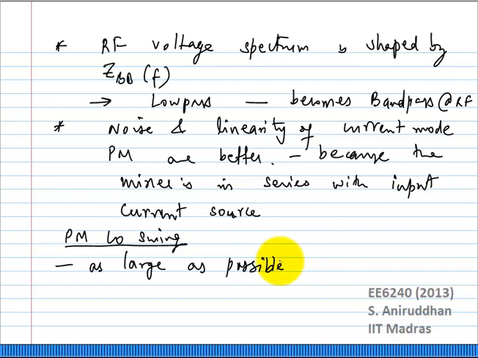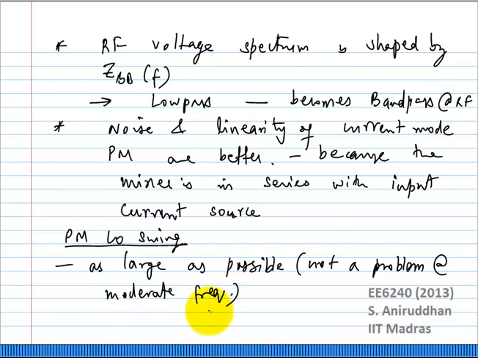Okay, so it's not a problem at moderate frequencies. And obviously it gets easier to do this as technology scales, because the parasitic capacitance keeps reducing.